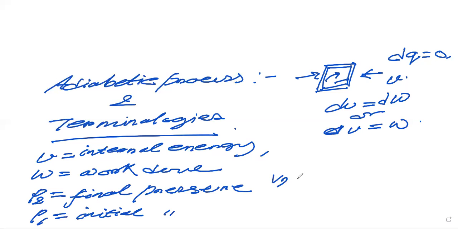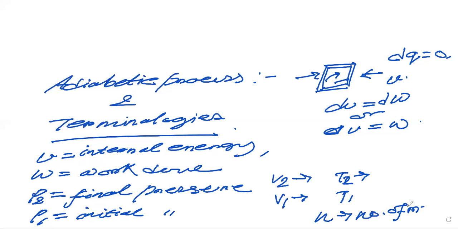Similarly, V2 is final volume, V1 is initial volume, T2 is final temperature, and T1 is initial temperature. N equals number of moles, R is the gas constant, and finally n dashed, where n dashed is molecularity.